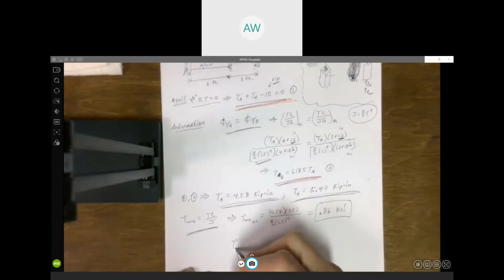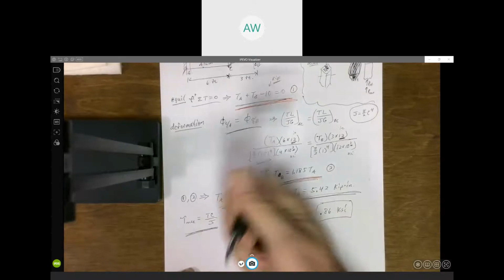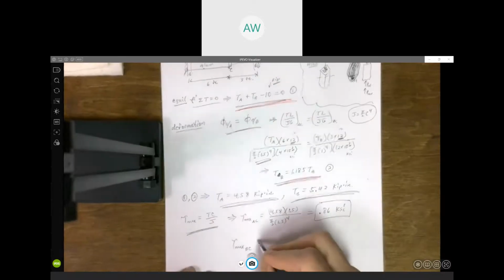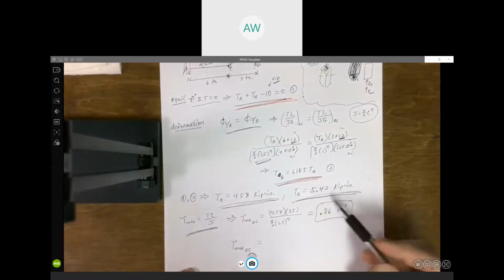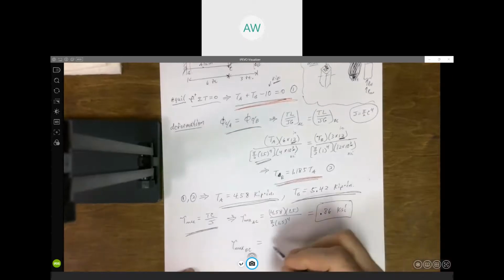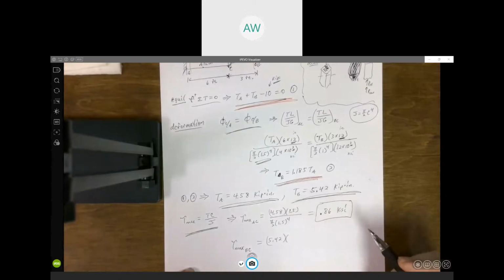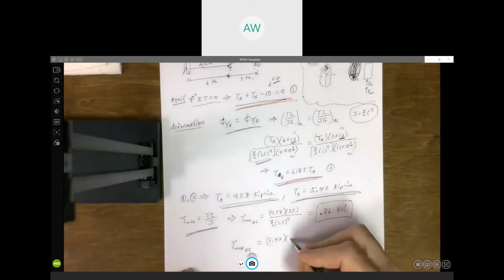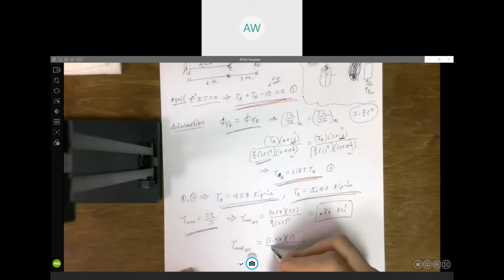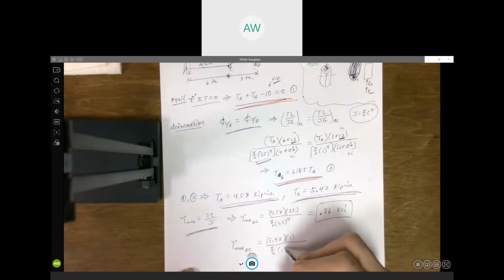And tau max for section BC, the steel part. I'm going to take the torque in the steel, which was 5.42. C here, the radius, would be 1 inch. And J is pi over 2, 1 to the 4th.